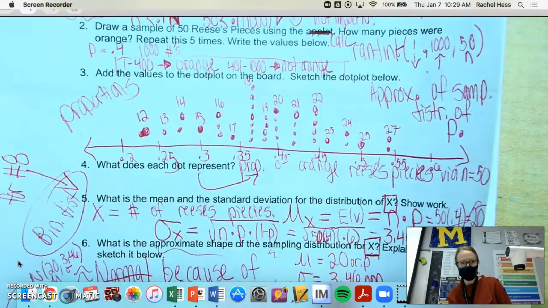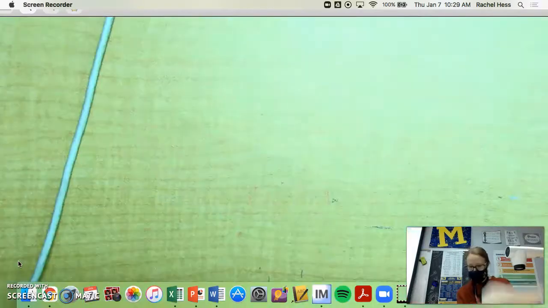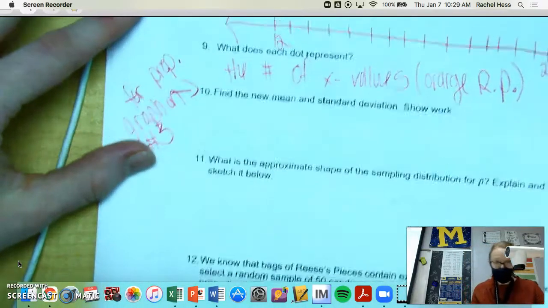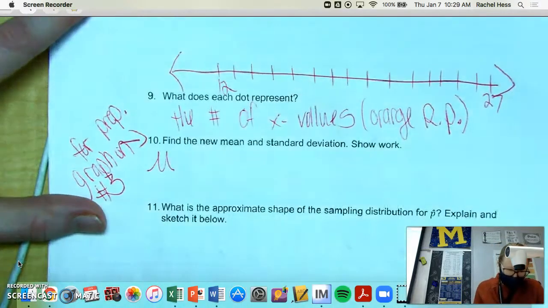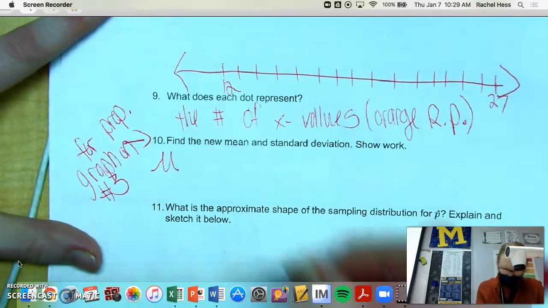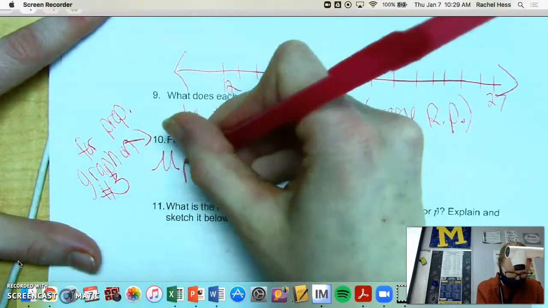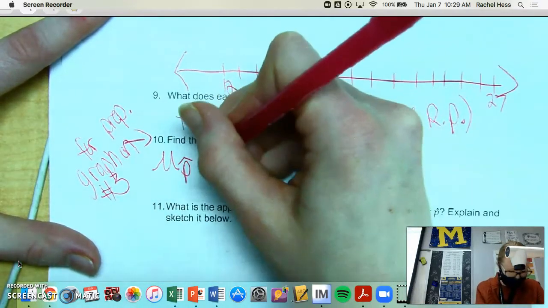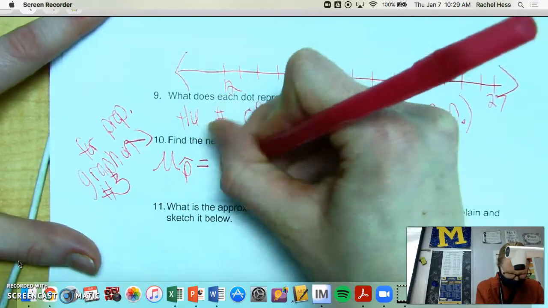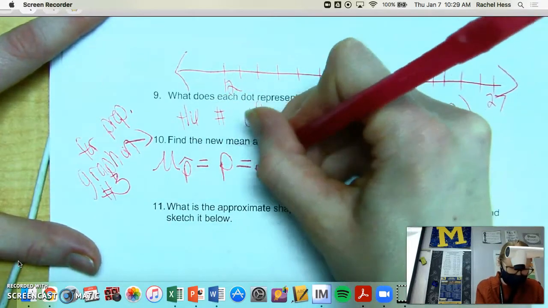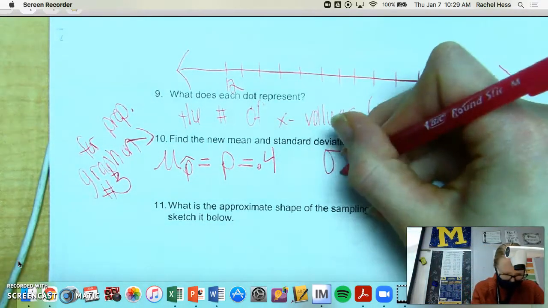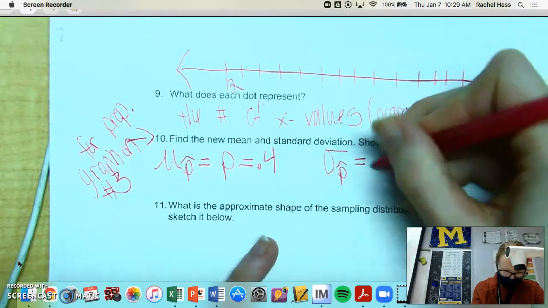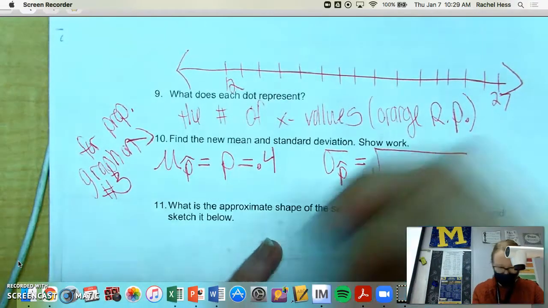So I want to show you guys how to do that one real quick too. If we're talking about the mean and standard deviation of proportions, all of those proportions were sample proportions. We have to find the average of all of our sample proportions. And in that case, we would expect that average proportion to be 0.4, right? We would expect it to be right in the middle at 0.4. But the standard deviation of our sample proportions, this is also going to be on your formula sheet.